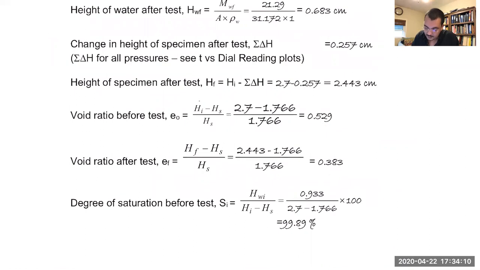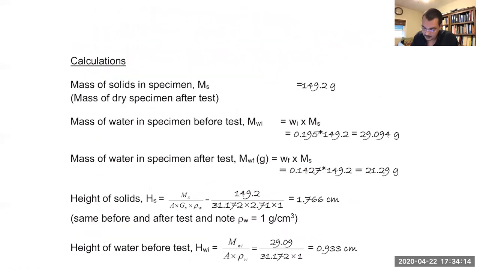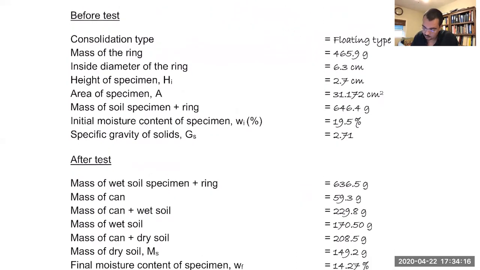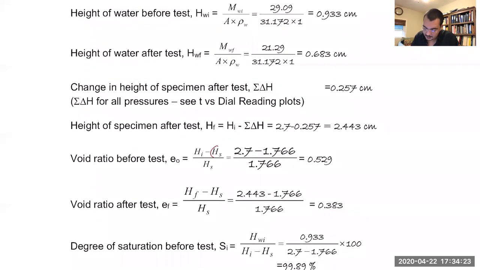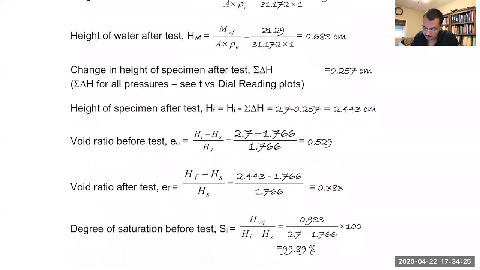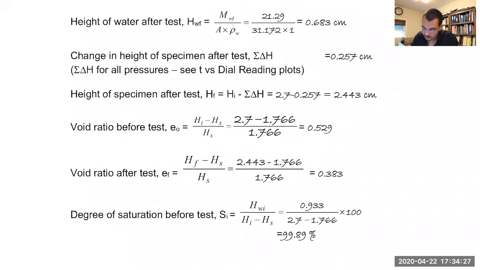So this is the HI, the initial height. In this case, HI was 2.7. This is the height of the specimen. It was 2.7. Then minus the height of solids, divided by the height of solids, and that's our void ratio before the test.